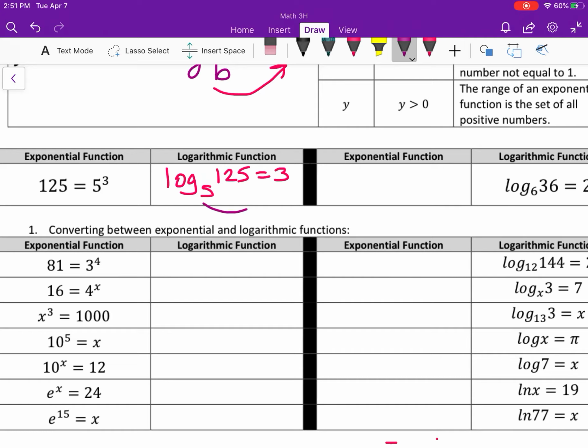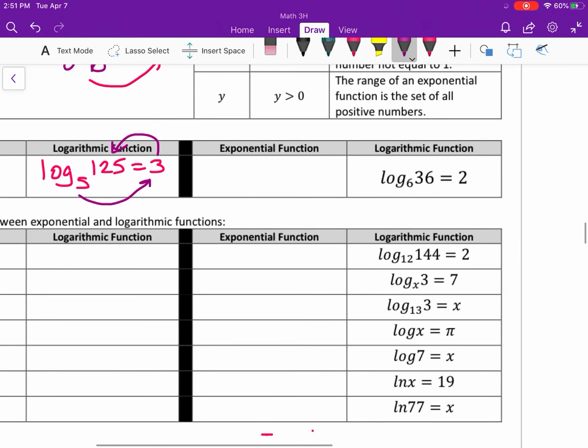Reason, because 5 to the third is 125. And you can go backward. Okay, look at how this reads. 6 to the second is 36. I just read it. 6 to the second equals 36. See? Base, answer, exponent, and then answer.